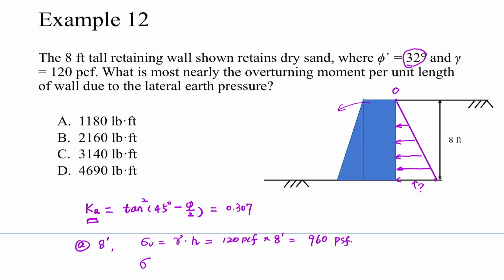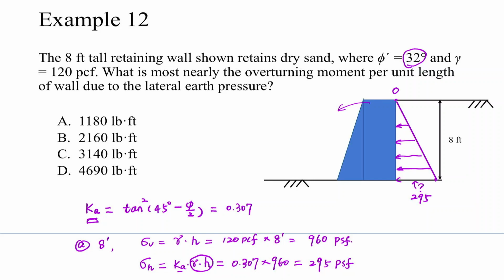Then the lateral earth pressure at that point is essentially Ka times gamma times h, or Ka times sigma v: 0.307 times 960 PSF, and you will have 295 PSF. So this value over here is 295.